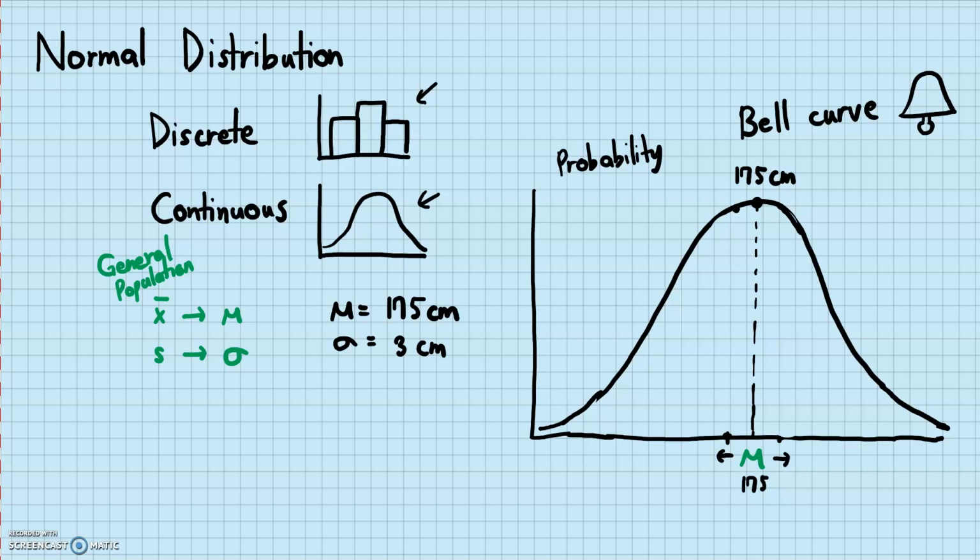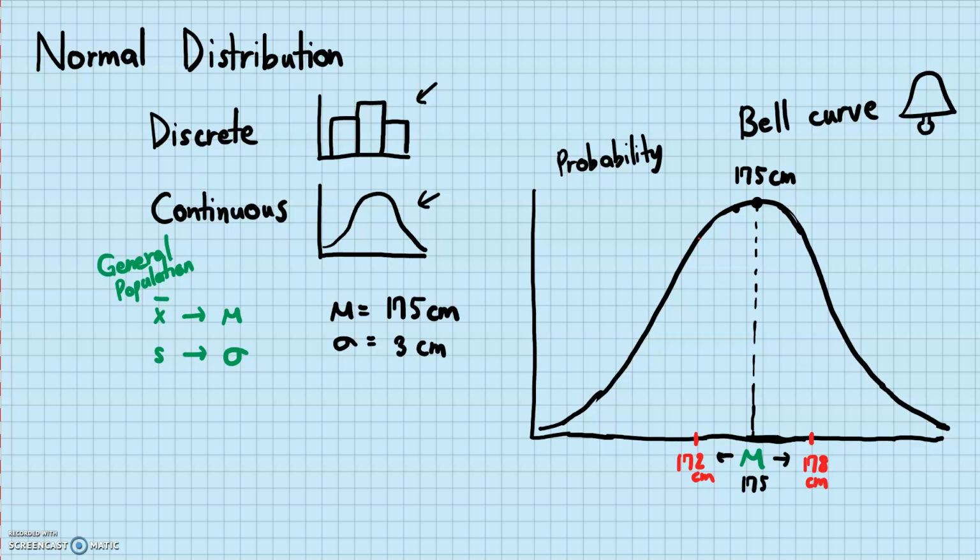So you move 1 standard deviation, and then 2 standard deviations, etc. So let's move 1 standard deviation. Because standard deviation is 3 centimeters, that's going to be between 178 and 172 centimeters. Okay, that's within 1 standard deviation.